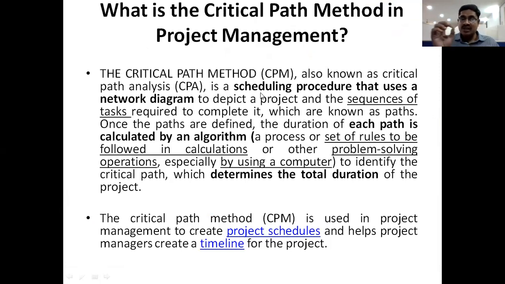It is simply the preparation of a timetable of each and every task, with the sequential operations and the dependencies of all operations. Each task's timing or duration should be calculated using algorithms, right? The major purpose of the critical path method is finally to calculate the total duration of the project, right?